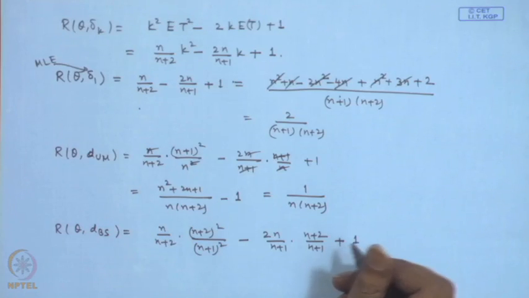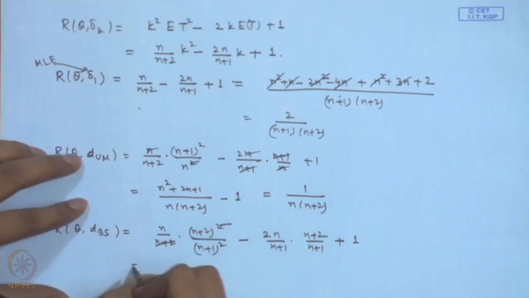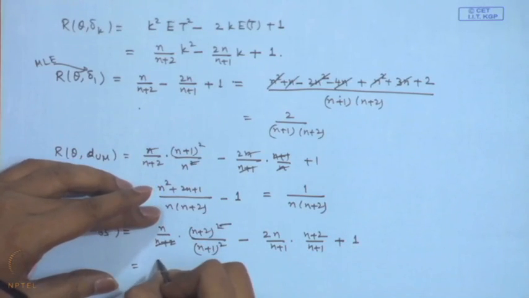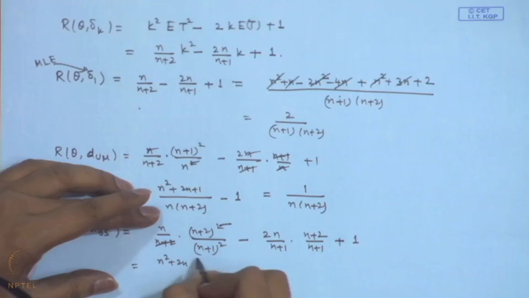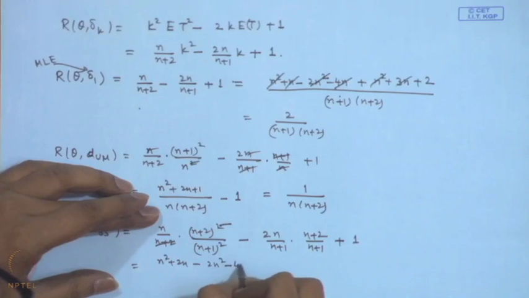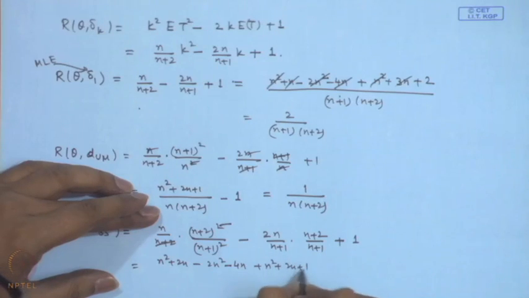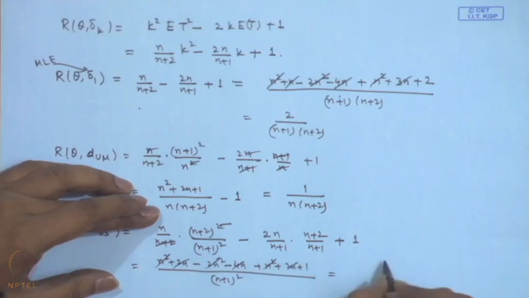So, this can be simplified, that is equal to (n² + 2n − 2n² − 4n + n² + 2n + 1) divided by (n+1)², that is 1/(n+1)².